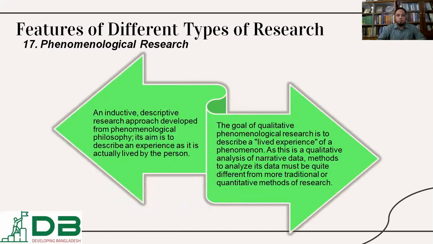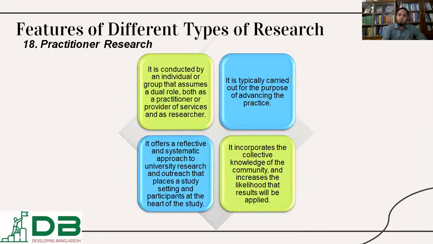Then phenomenological research. It includes a descriptive research approach to develop phenomenological philosophy. It aims to understand people's perception, beliefs, and thoughts about a particular phenomenon. So it can be termed phenomenological research.